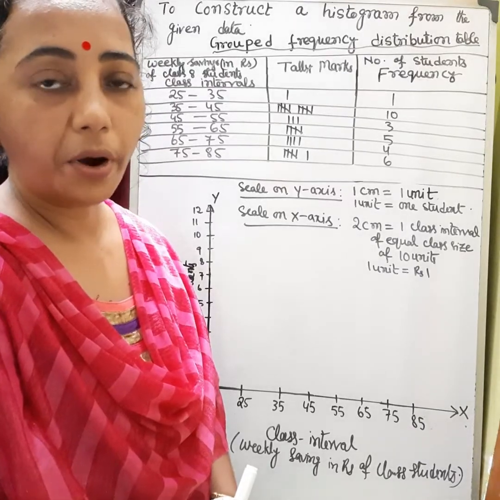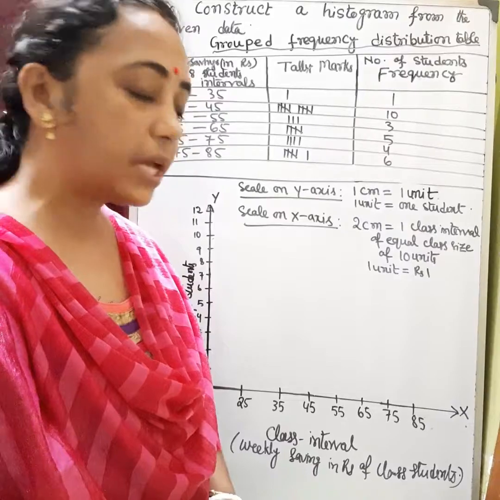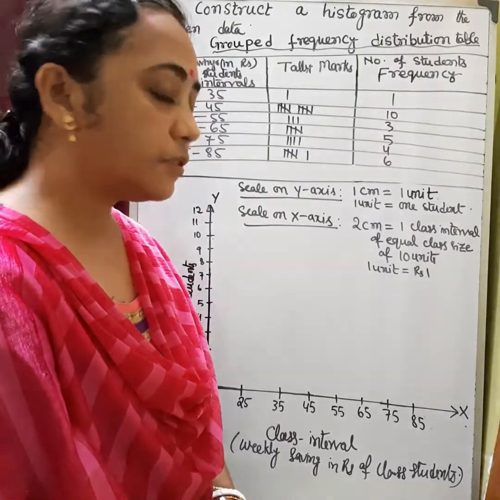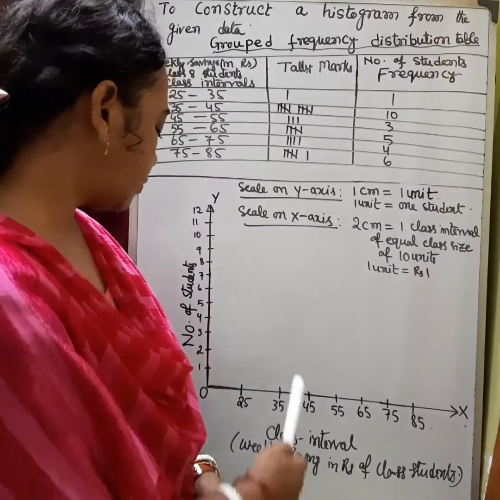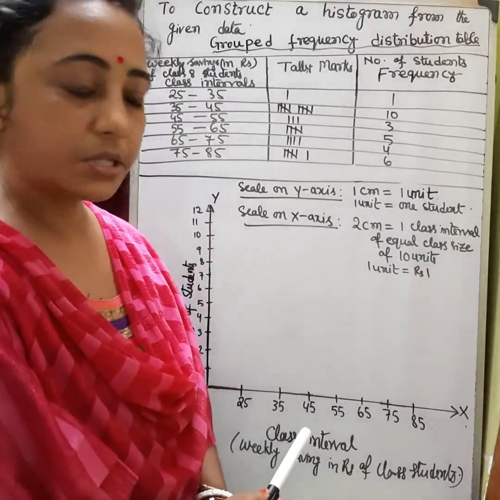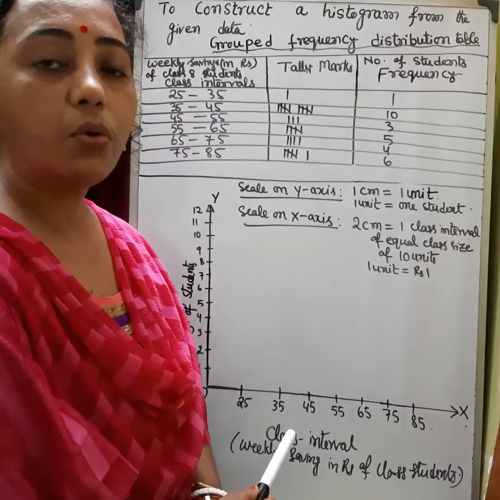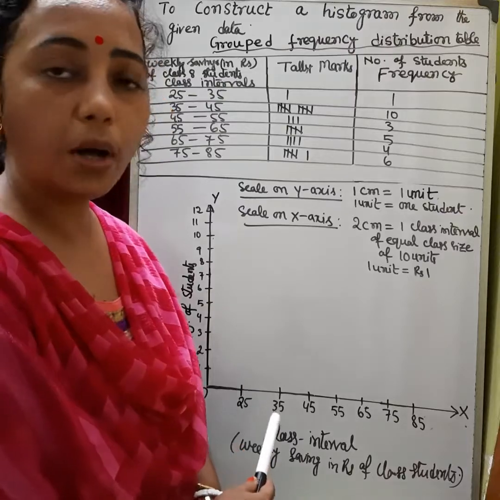Now we mark points on them by choosing a proper scale on both axes. Let us first choose the scale on the y-axis. On the y-axis we consider 1 centimeter length equal to 1 unit. What is the meaning of 1 unit here? 1 unit indicates 1 student.